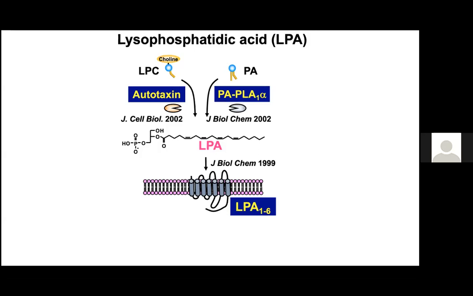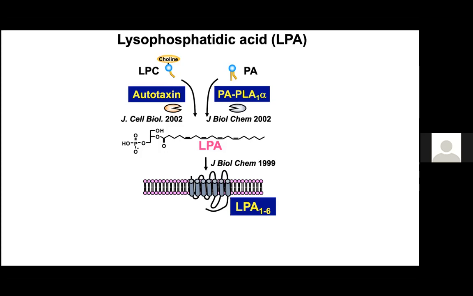In one pathway, lysophospholipid, such as LPC, is converted to LPA by a secreted enzyme named autotaxin with its lyso-PLD activity. In another pathway, phosphatidic acid, PA, is converted to LPA by an extracellular PLA1 specific to PA.